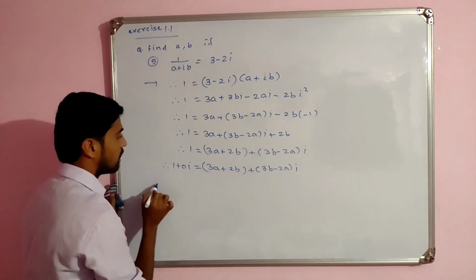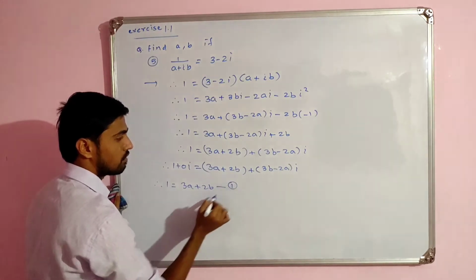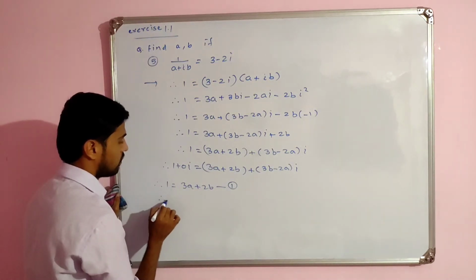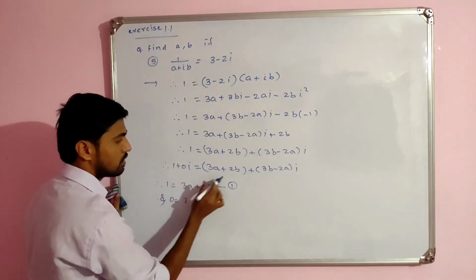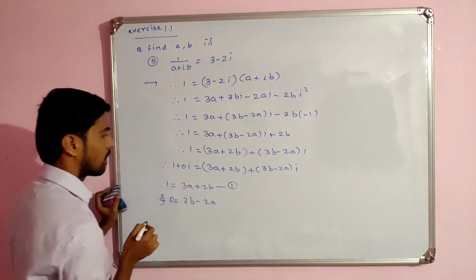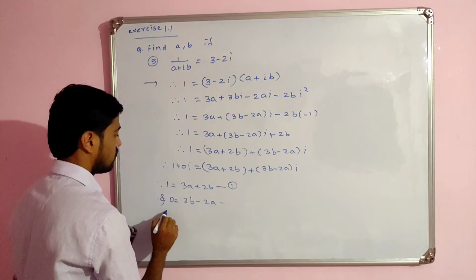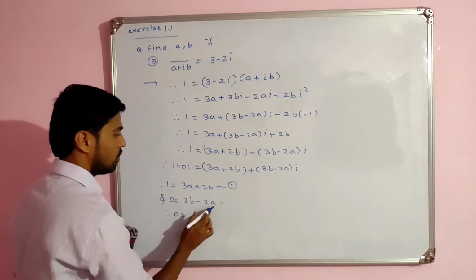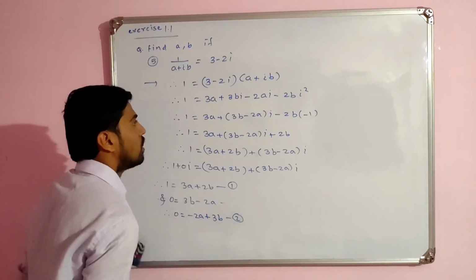So we will get 1 is equal to thrice a plus twice b, which is number equation 1, and 0 is equal to 3b minus twice a, which is coefficient of I. This is equation, and rearrange the terms. So 0 is equal to minus twice a plus thrice b, which is number equation 2.